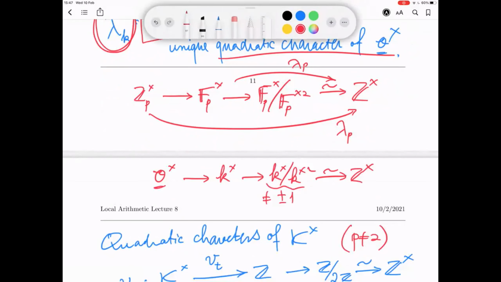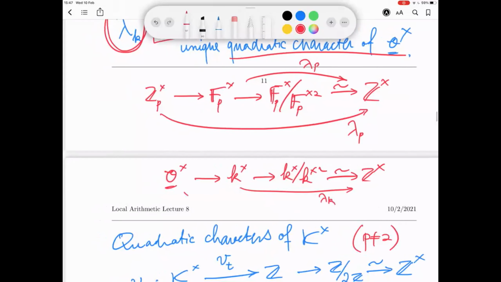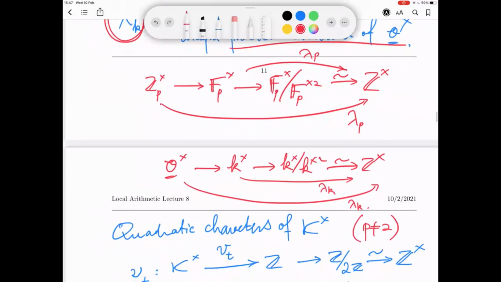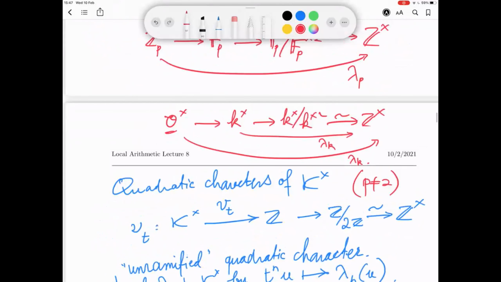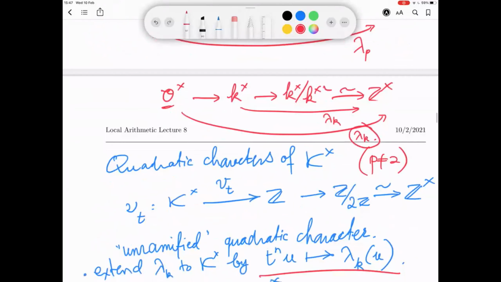But this, of course, consists of plus minus 1. And so this is being called lambda k, and so is this. Essentially what we have shown is that O star has a unique quadratic character, which is this lambda k.